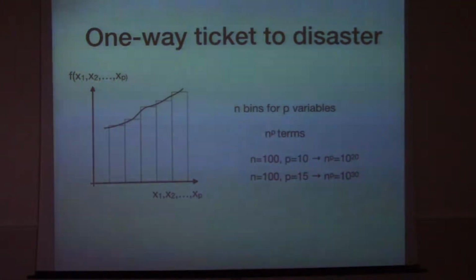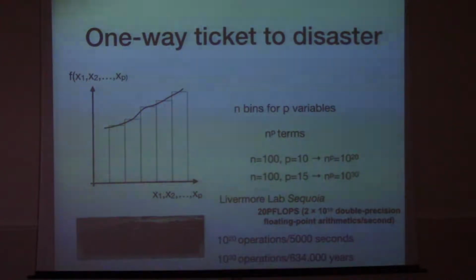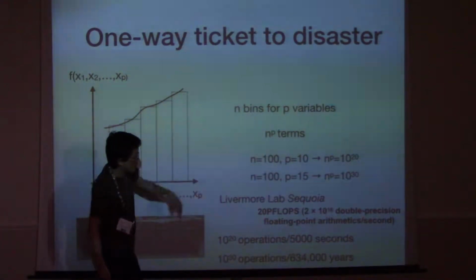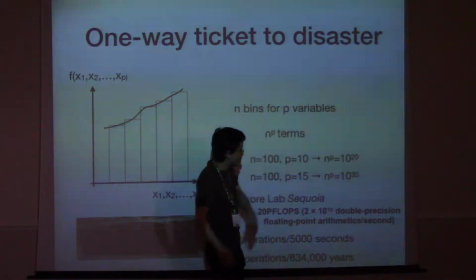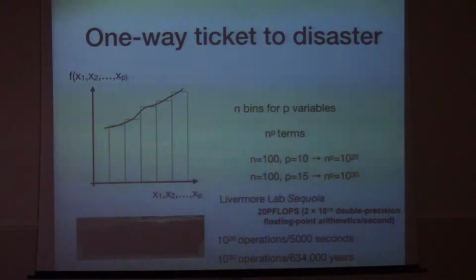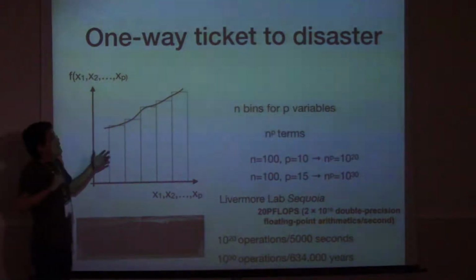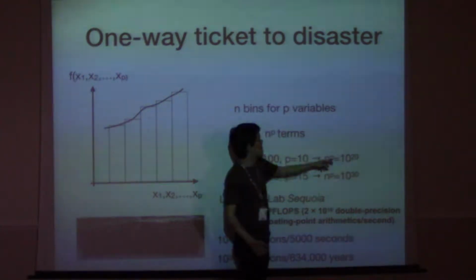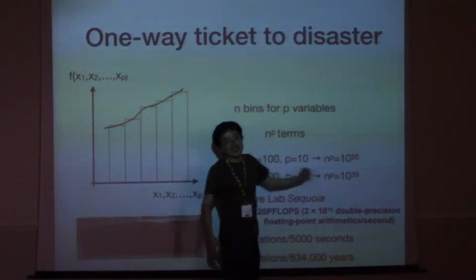For example, imagine we use a supercomputer in my collaborator's lab, which used to be the fastest one in the world, called Sequoia. It's 20 petaflops, which can do 2 times 10 to the 16 double precision floating point arithmetic operations every second. It's huge. It just occupies one big building. And imagine we just have to repeat the calculation 10 to the 20 times, or 10 to the 30 times.